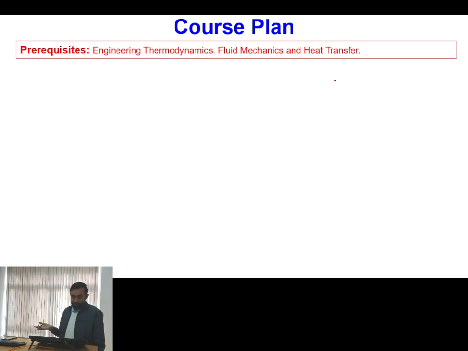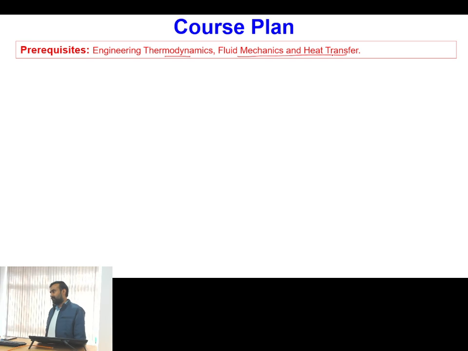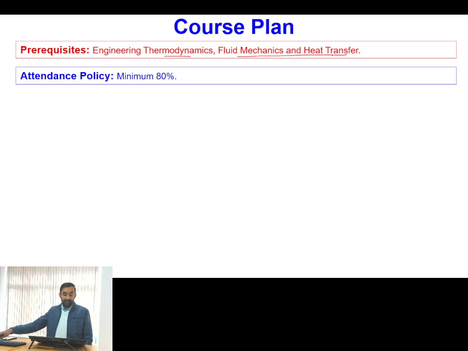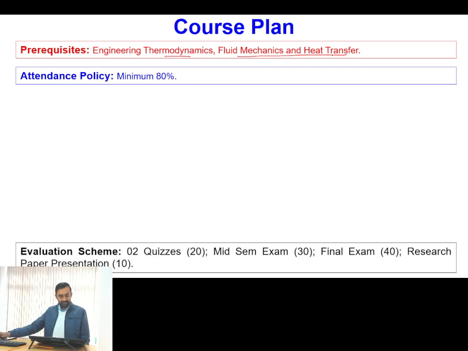Now, the course plan. What is the prerequisite for the course? Engineering thermodynamics, fluid mechanics, and heat transfer. You should have a basic understanding of these three courses when you come for the classes of multiphase flow. Okay. The attendance policy as per institute is 80%.